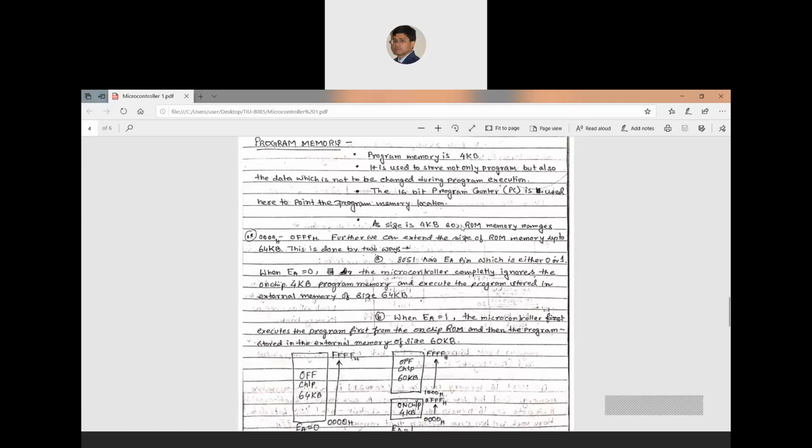Now, as there is a provision to increase this ROM size, we can connect a 64 kilobyte external ROM with this internal ROM.